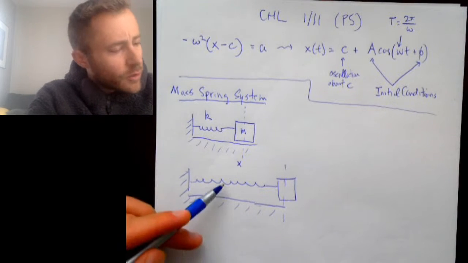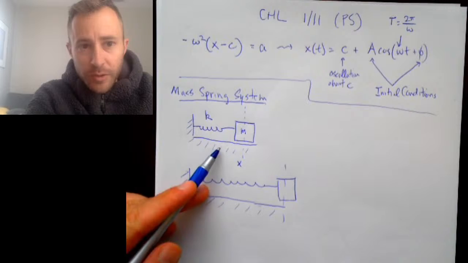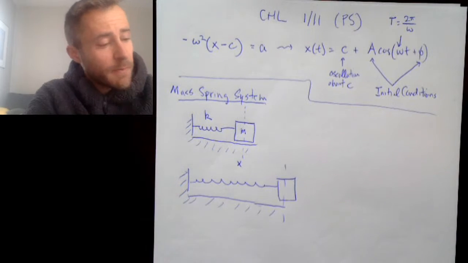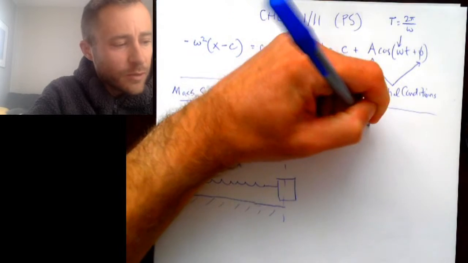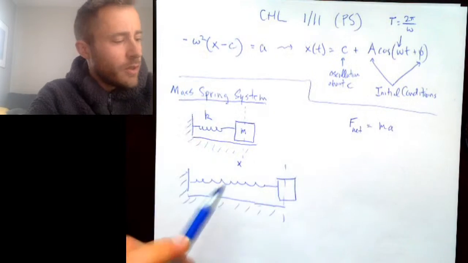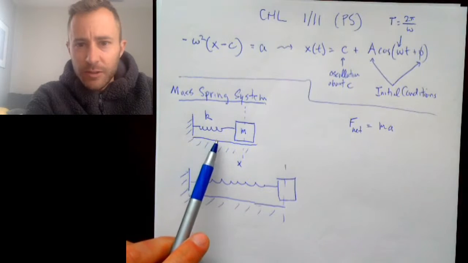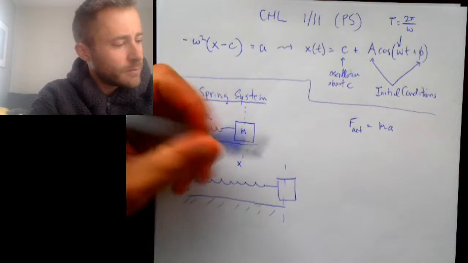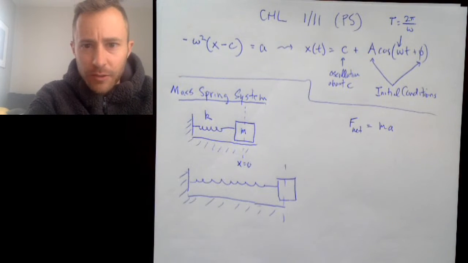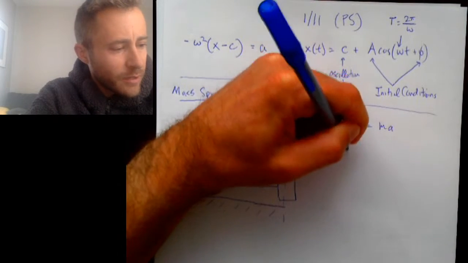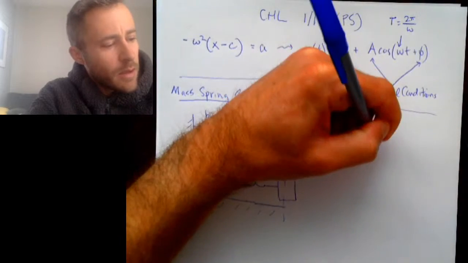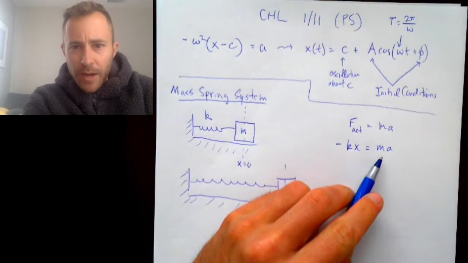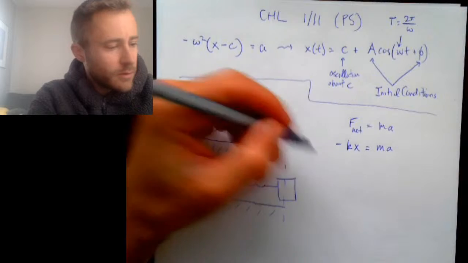So the equation of motion in this case is Newton's second law, net force equals ma. The net force in this case is the elastic force. By the way, that's defined as x equals 0. So we have minus kx equals ma. Divide both sides by m.